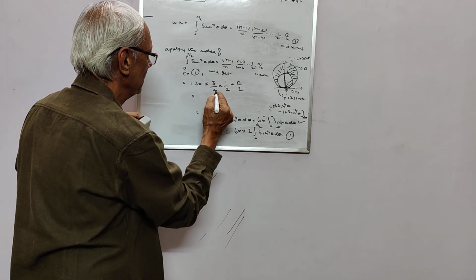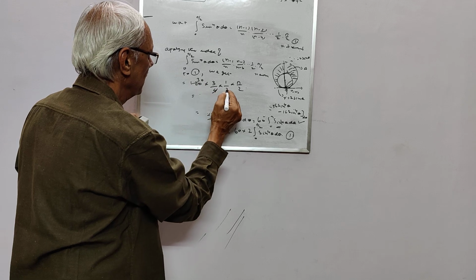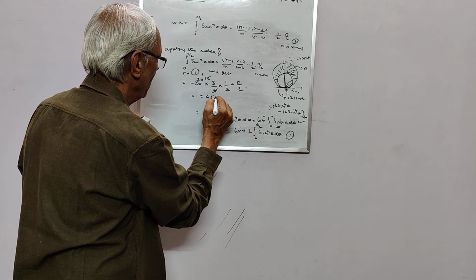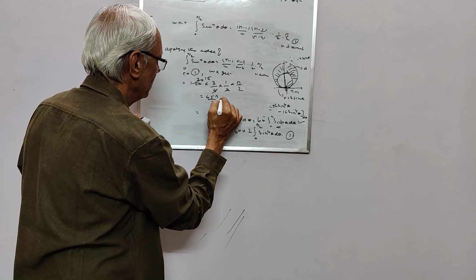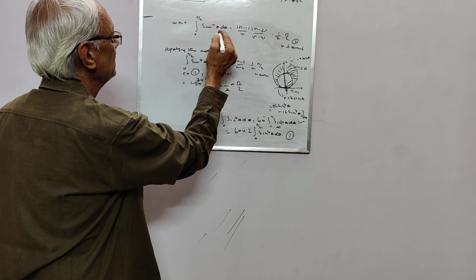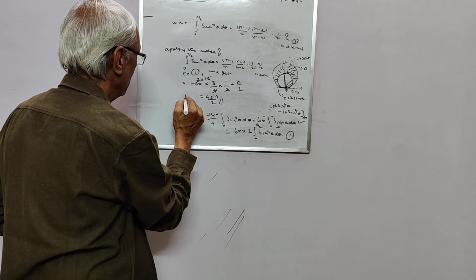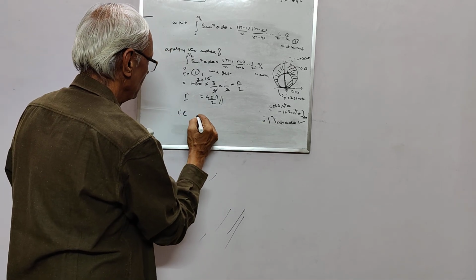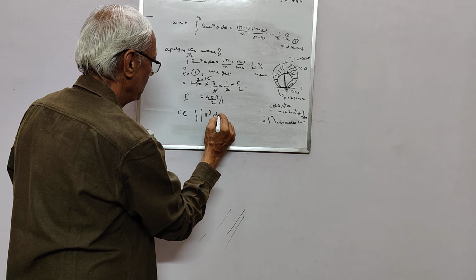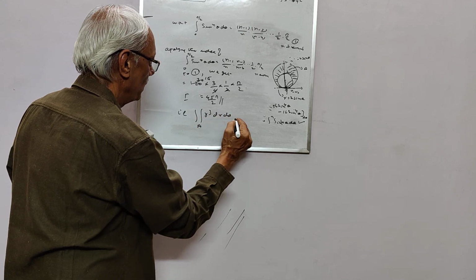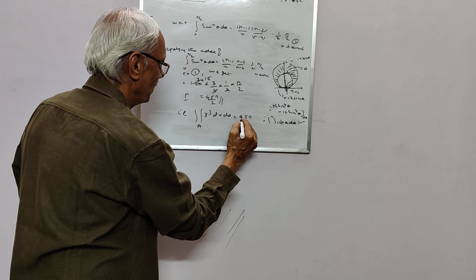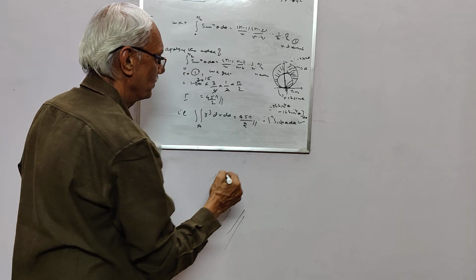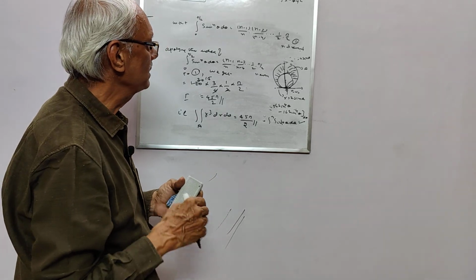This gives 45 pi by 2 overall. So the integral of r cubed dr d theta over A is equal to 45 pi divided by 2. So this is our answer for this problem.